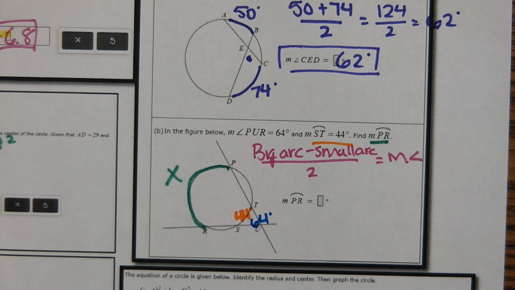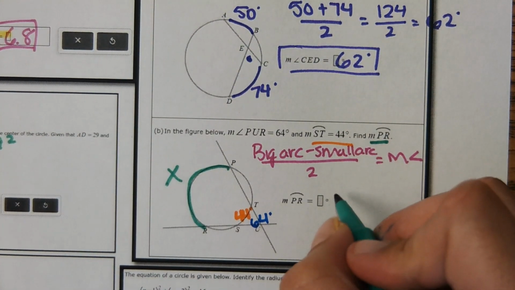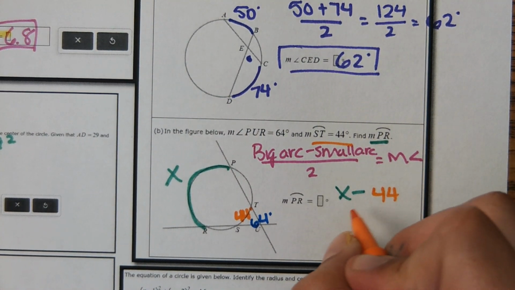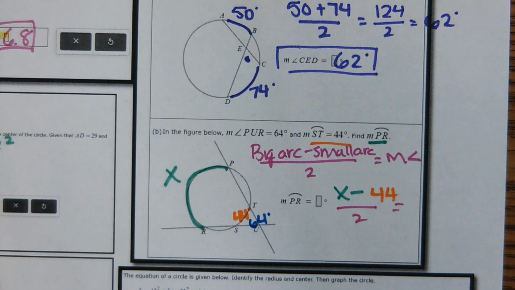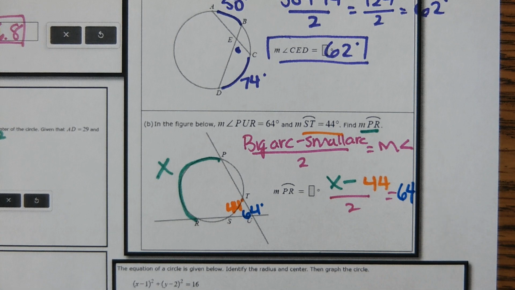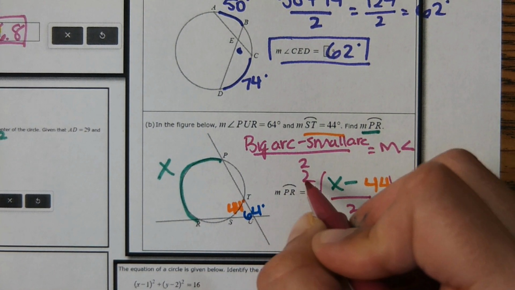Anyway. Okay, so big arc is X. Put it minus small arc 44 divided by 2 equals measure of the angle, which is 64. And then from here we solve for X, so multiply this by 2, multiply this by 2.